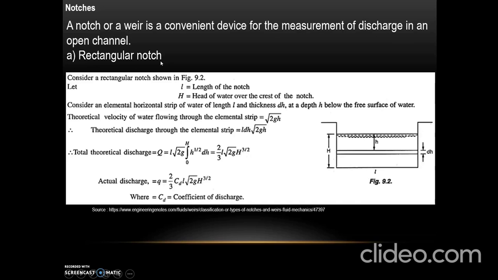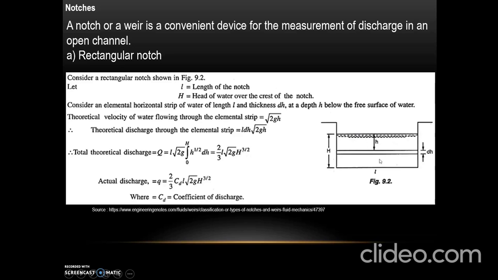First one is the rectangular notch. In the figure, there is a rectangular notch which is shown of length L and head of water in the notch is H. In this, consider a horizontal strip of water of length L and thickness dH, which is at a height of h from the surface of the water.